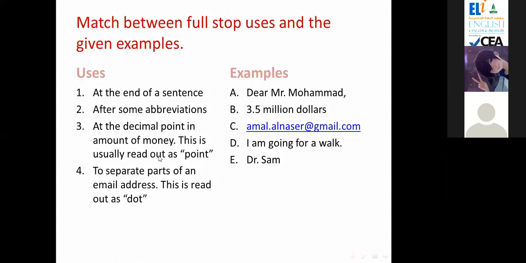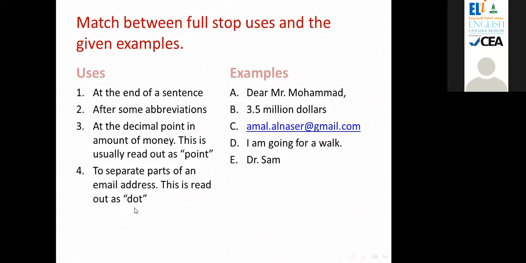And to separate parts of an email address or a website, this is read out as dot, like amal.alnasir at gmail.com, or maybe the website or email address. So these are the uses of the full stop.